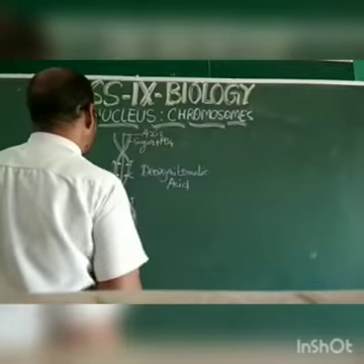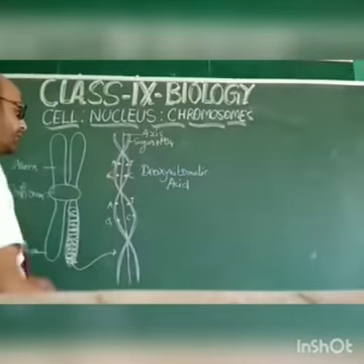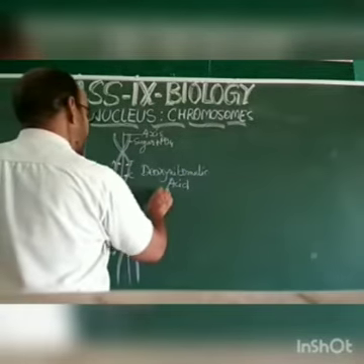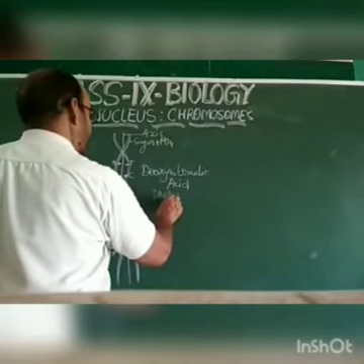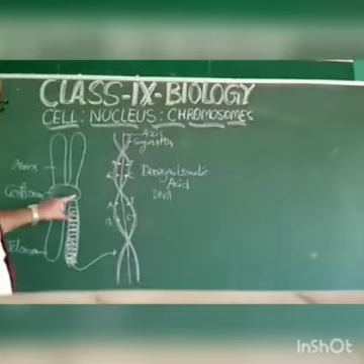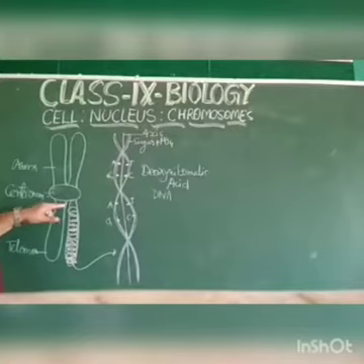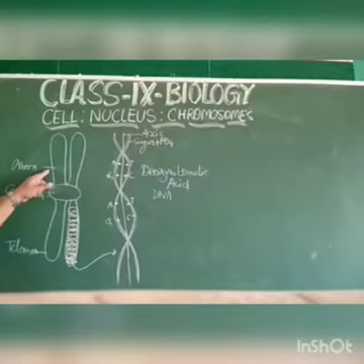My dear students, when this deoxyribonucleic acid, or DNA, unites together and forms a stick form, then that is called a chromosomal arm.